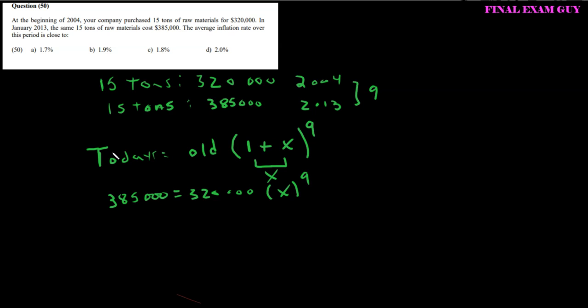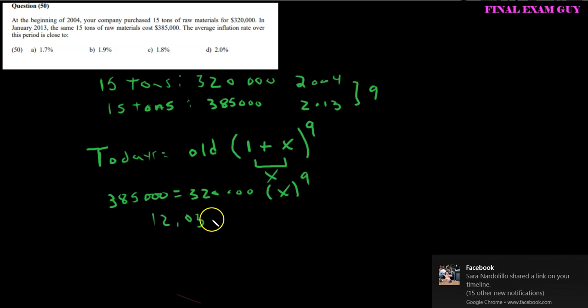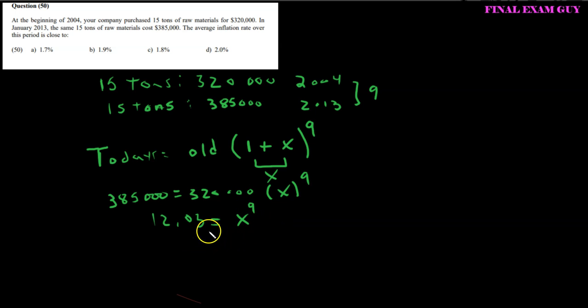So bringing over the 320,000, dividing both sides by it gives us 1.203 equals X to the power of 9. You have to take the ninth root of both sides.